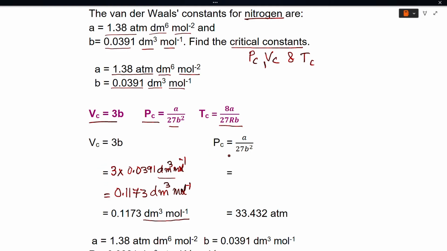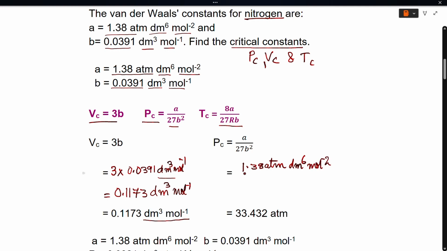Next, let us calculate Pc. This is given by the expression a by 27b square. The value of a is 1.38 atmosphere decimeter raised to 6 and mole raised to minus 2, whole divided by 27 into b square.